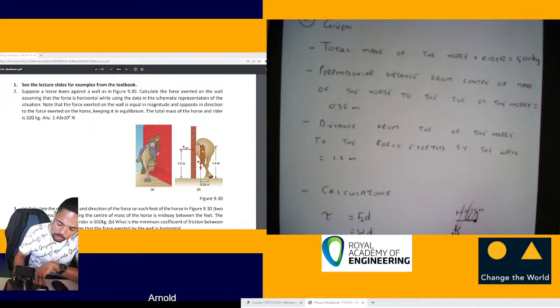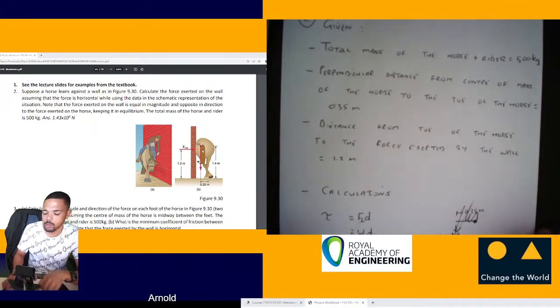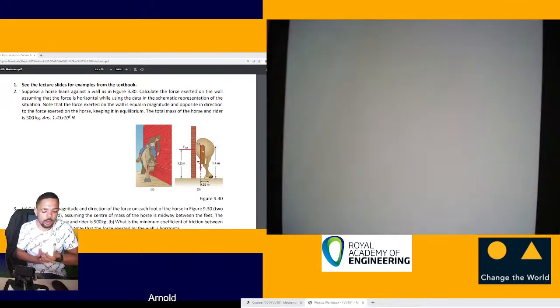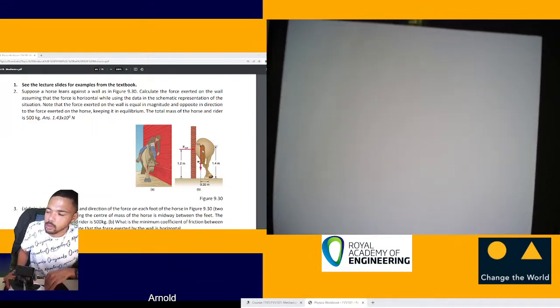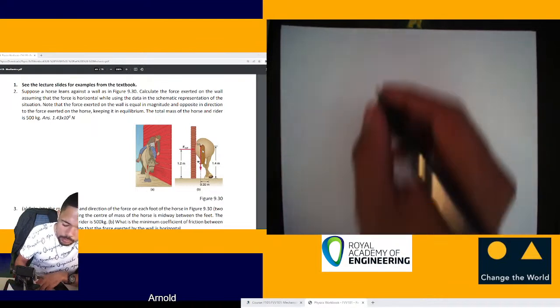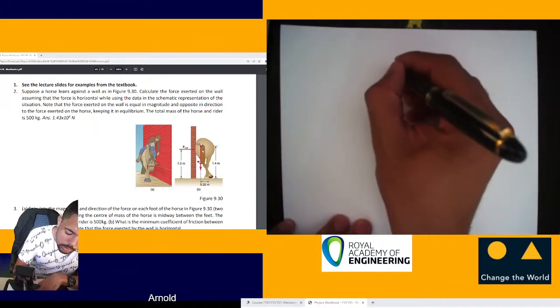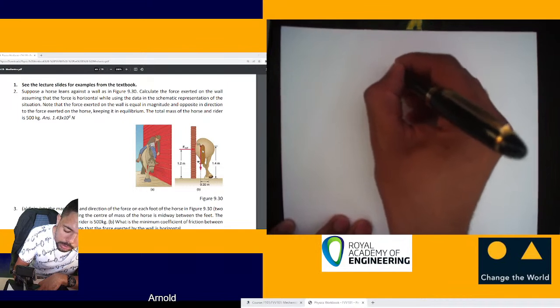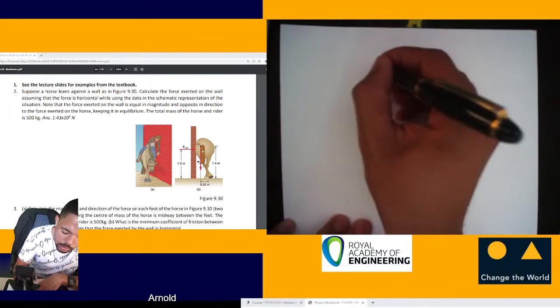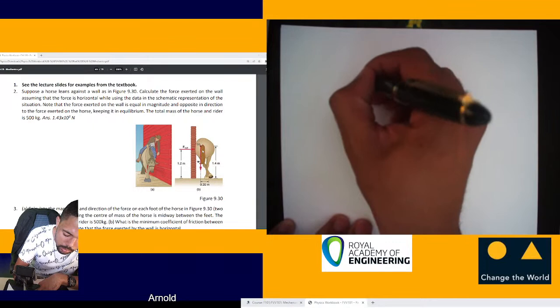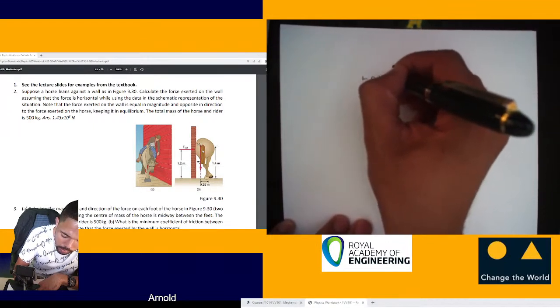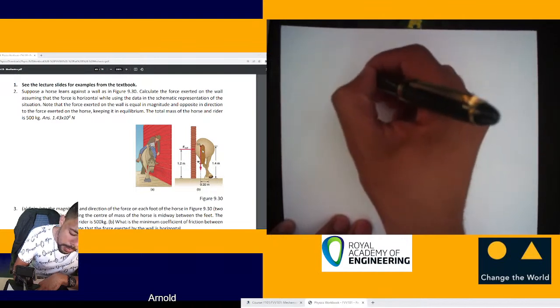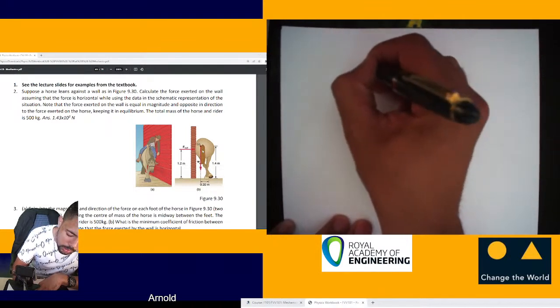Okay, that is the torque, the counterclockwise torque. Let me draw that situation, let me make it rather neater. So this would be the pivot point, meaning this is the toe of the horse. The distance from the toe of the horse to where the force is acting is 0.35.